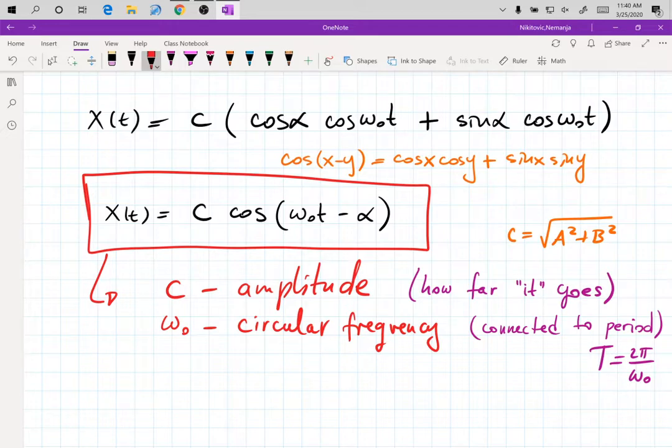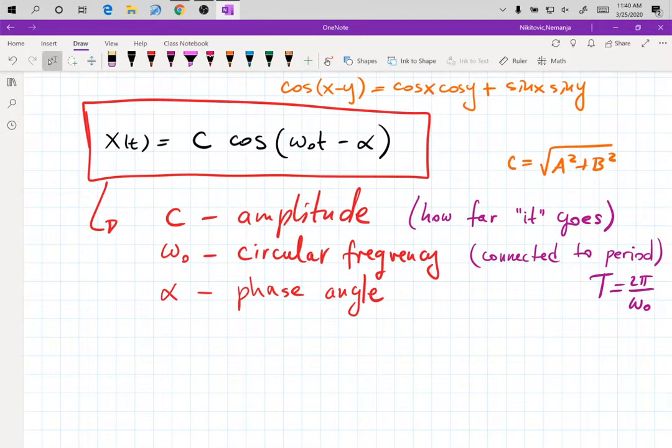Finally, the last one on the list is alpha, which is the phase angle. And this is what it's known as. All of this over here, how about that? All of this is called simple harmonic motion.